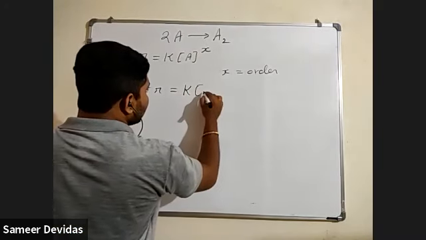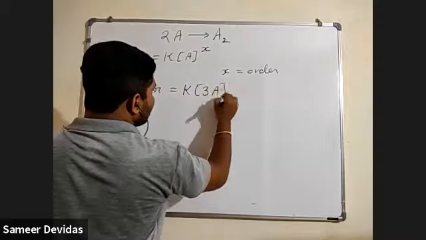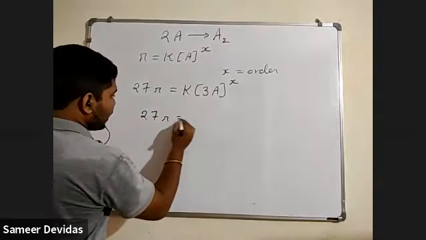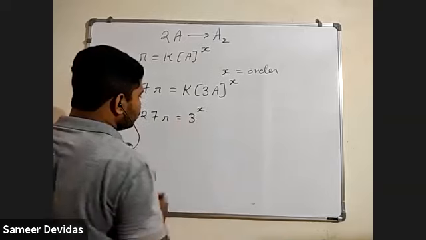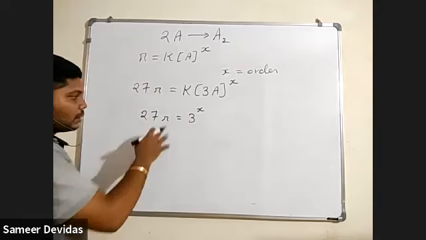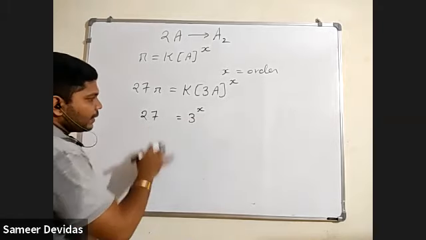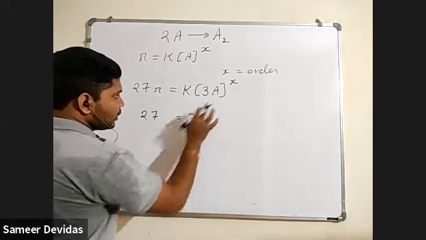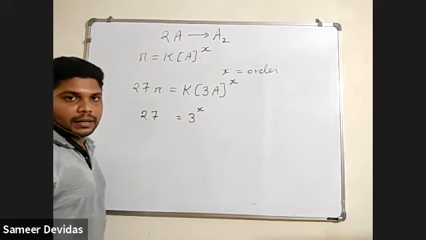So 27 R is equal to 3 raised to X. No need to write down this R, so 27 is equal to 3 raised to X.